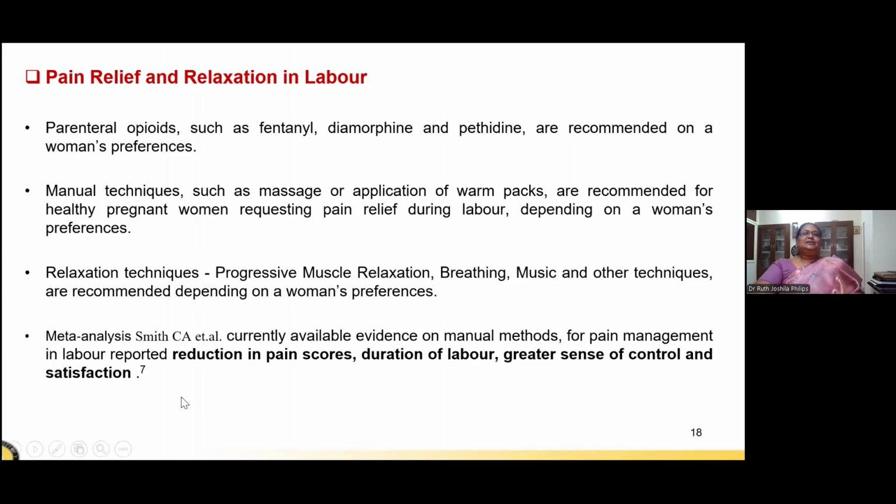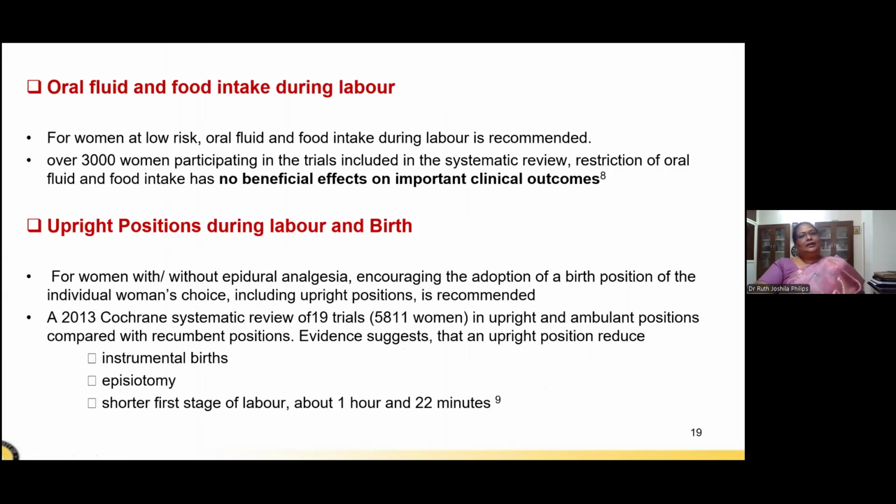A meta-analysis done by Smith on the currently available evidence says that when manual methods are used for pain management, the women have reported reduction in pain scores, shorter duration of labor, and a great sense of control and satisfaction.